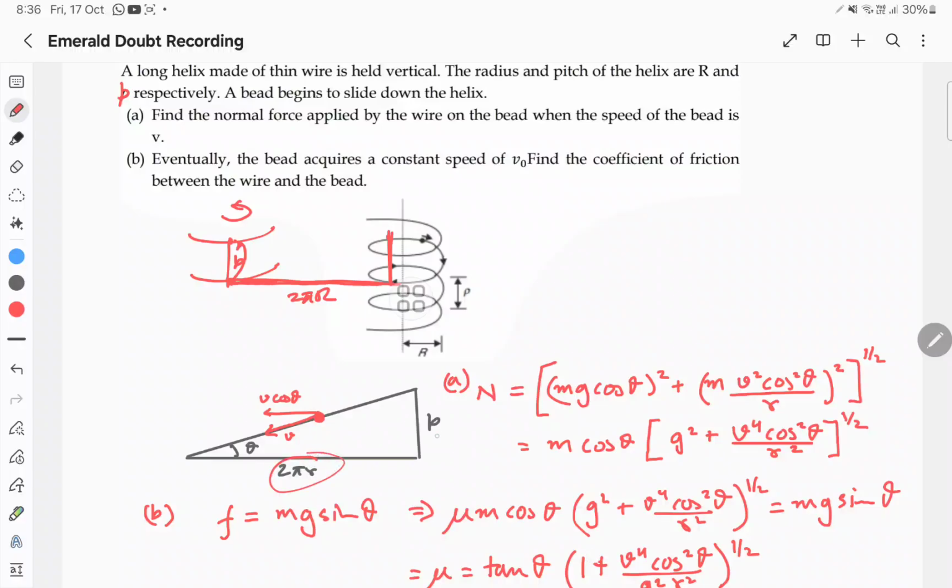So this is the inclination of the helix. Try to imagine a bit.